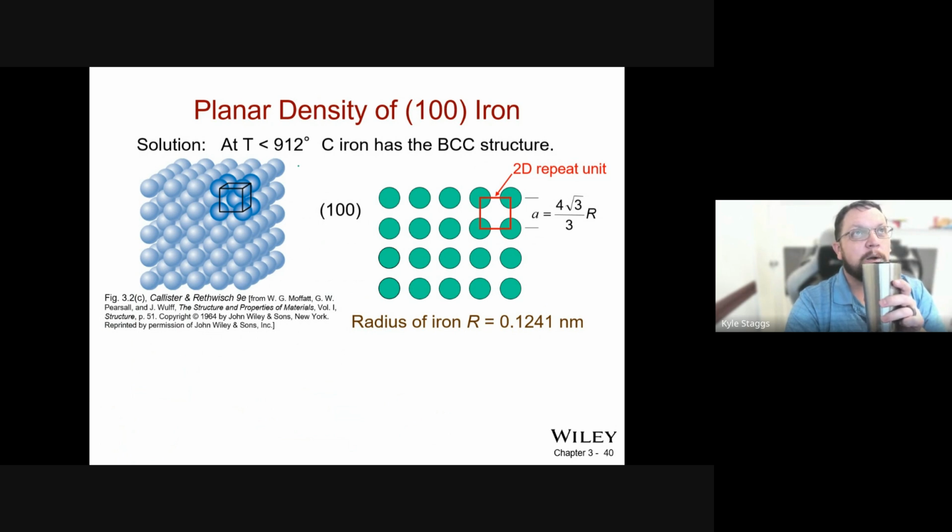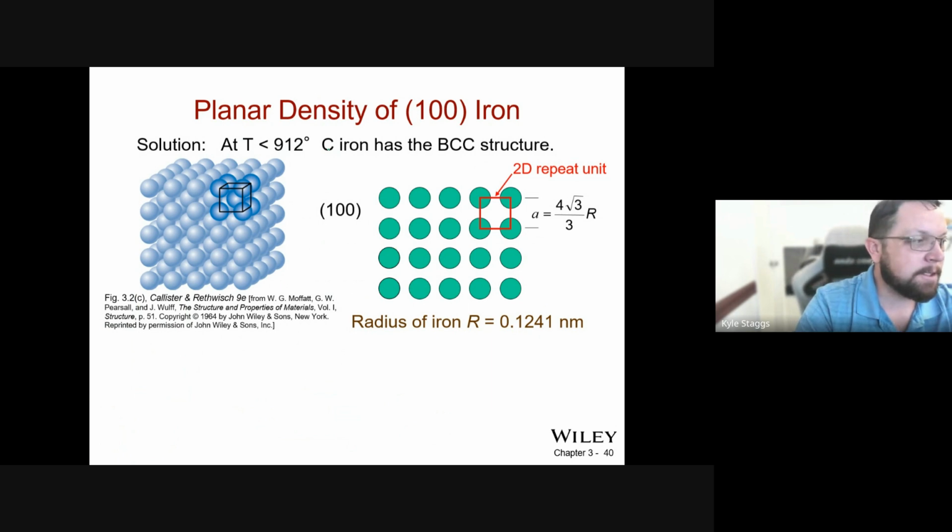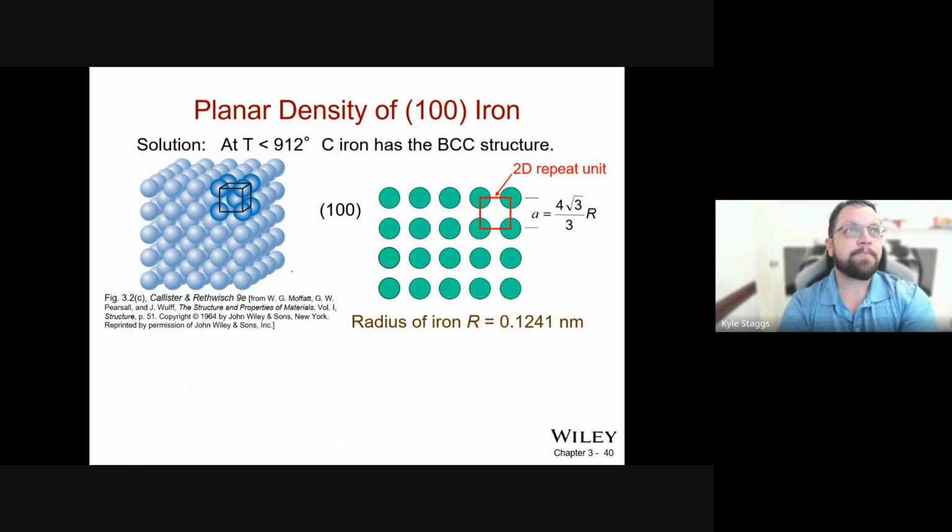So below 912 Celsius, iron is in the BCC structure. For the example 100, they give along that direction. 100 is along a 2D representation.